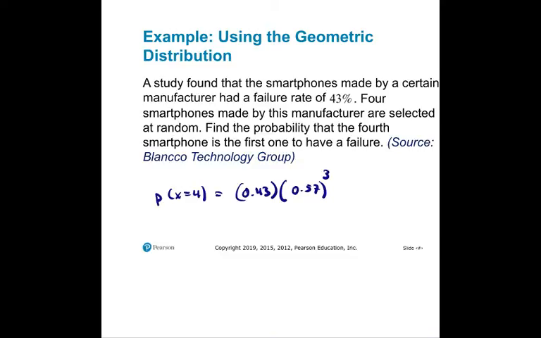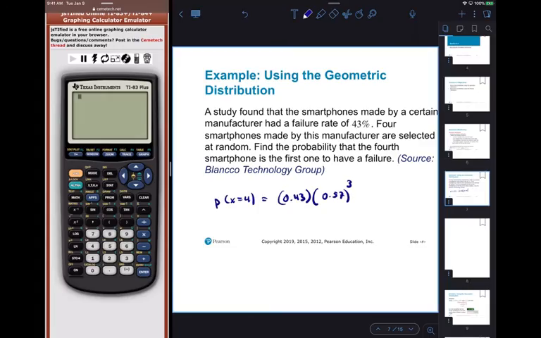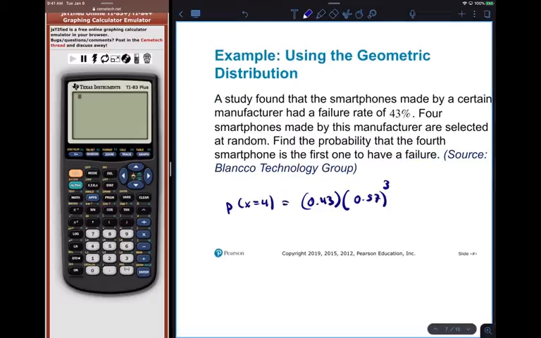So for the calculator, we do 0.43 times 0.57 to the power of 3.